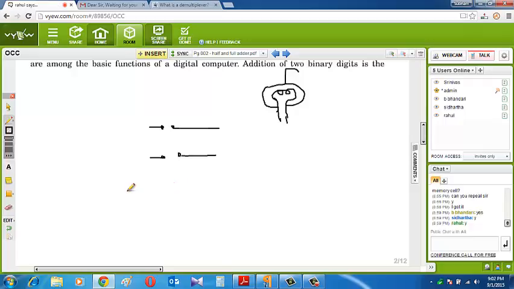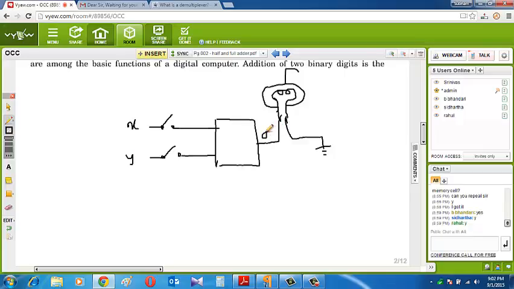So we need a circuit whose logic should be like that. Suppose one input is X, another input is Y, and the output is Q. Now, if X is equal to 0 and Y is equal to 0, then what will the output be? 0, because both switches are off. 0 means off, so our light should not glow, so the output should be 0.